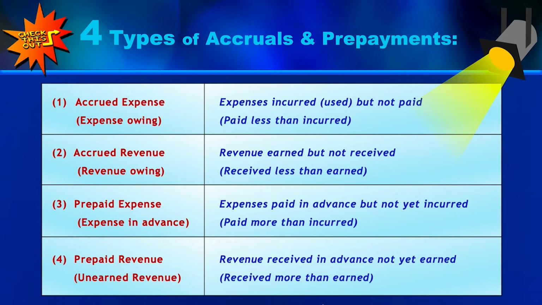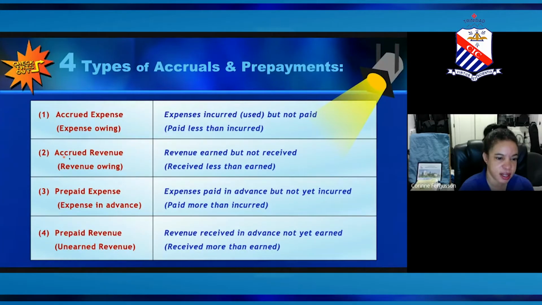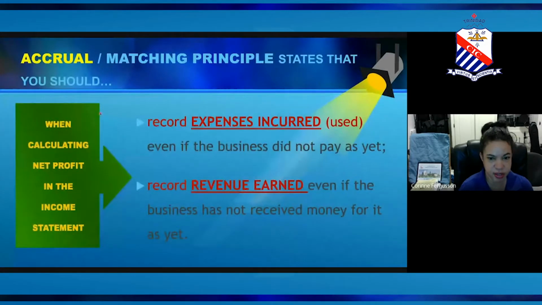And there are 4 types of accruals and prepayments that you're going to have to learn. And these adjusting entries, in case you didn't realize, have to do with expenses and revenue. So expenses and revenue is what we're going to be focused on.